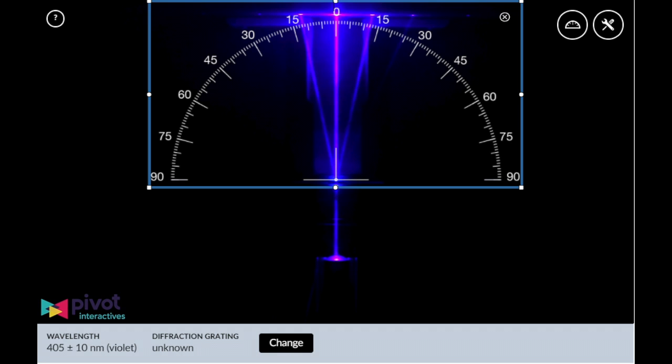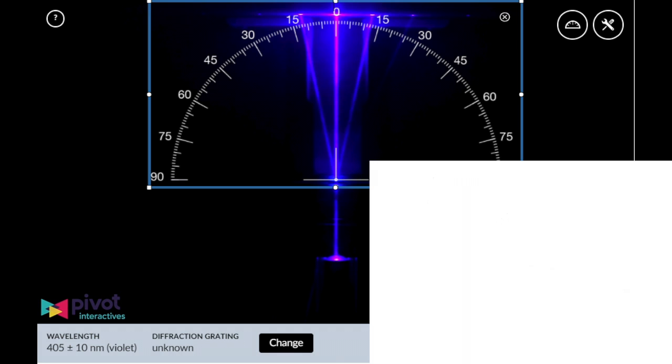Lastly, you're going to find the distance y using the expression with the variables lambda, L, and D. You're going to use trigonometry to relate L, D, and Y, and then use the small angle approximation, so sine theta equals tangent theta.